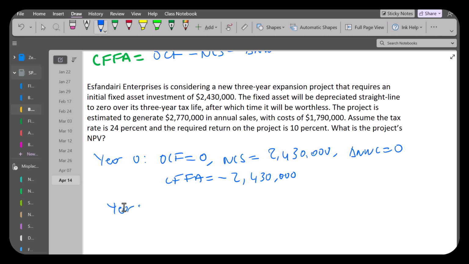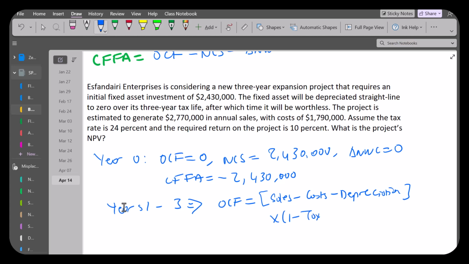All right, years 1 to 3, we have the sales minus cost minus depreciation times 1 minus tax rate plus depreciation.